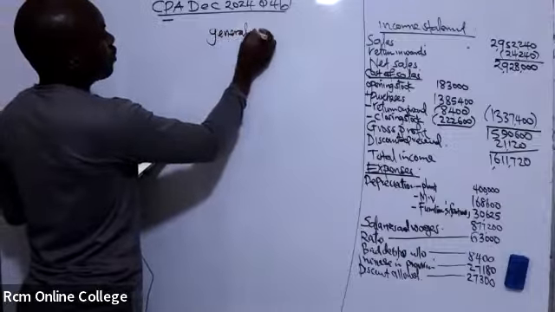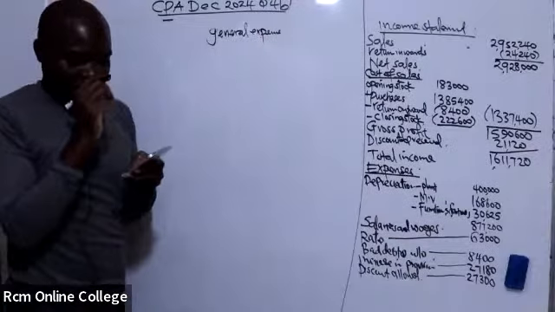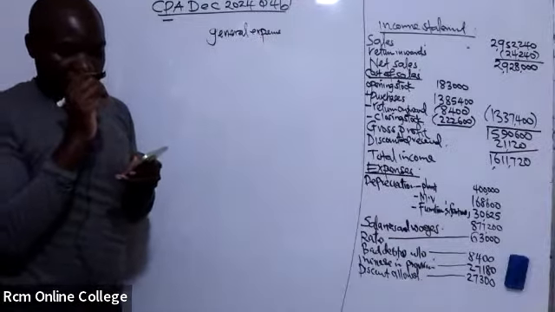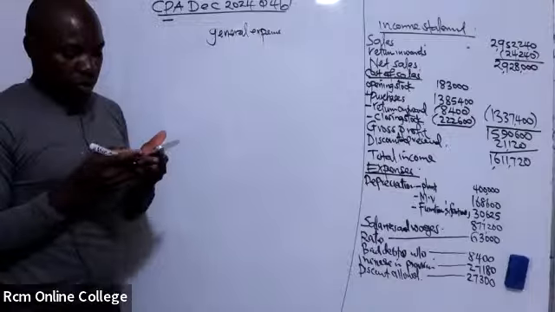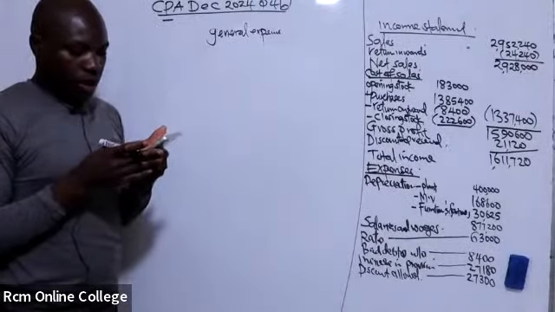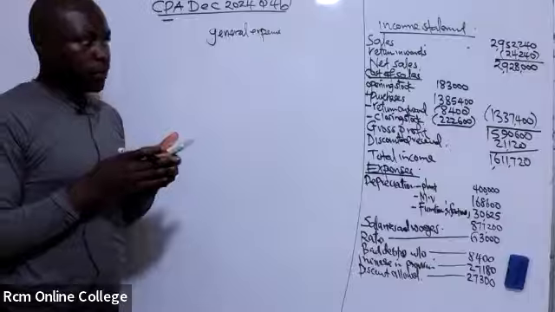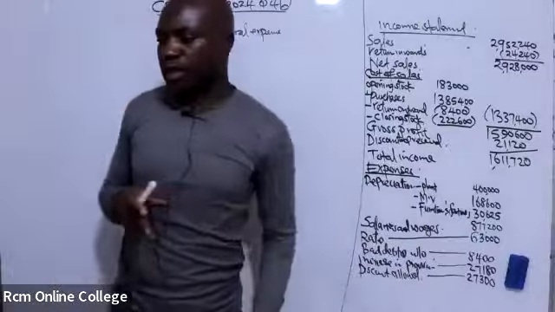General expense. So let's factor in that. We have 121,800 plus. Why are we adding? Because we are told there was an amount which is accrual. The 5370 should be added to 121,800.